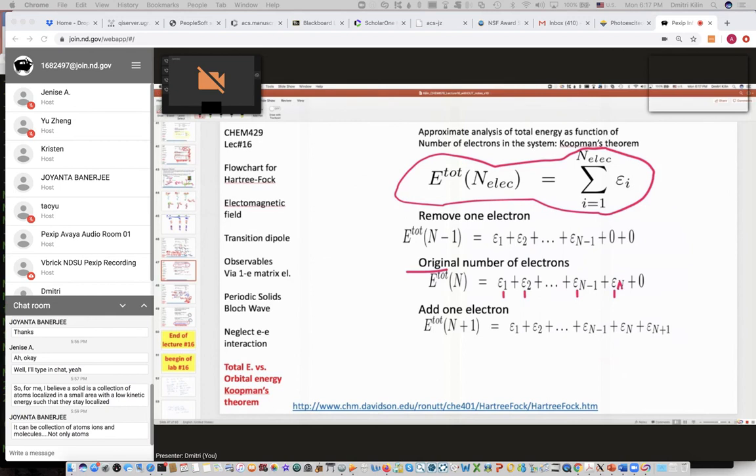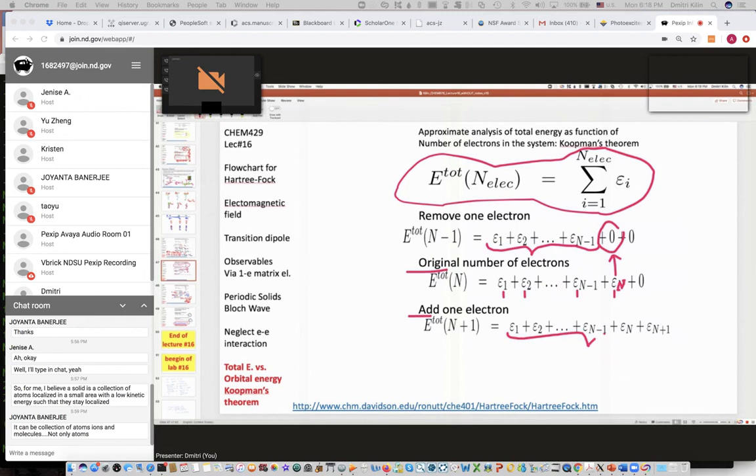If we remove an electron, we perform the same summation, but we have one less term. So the energy of the HOMO is not present. We remove this electron, and therefore it is not entered into the summation. When we add an electron, our summation goes over a larger number of orbitals.